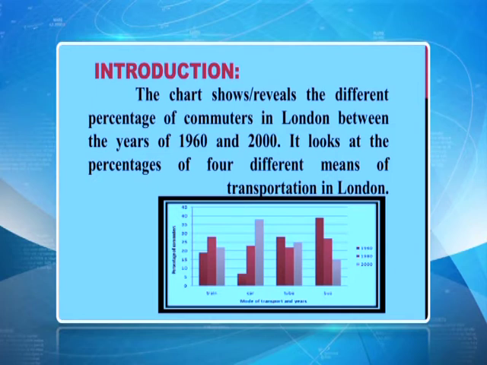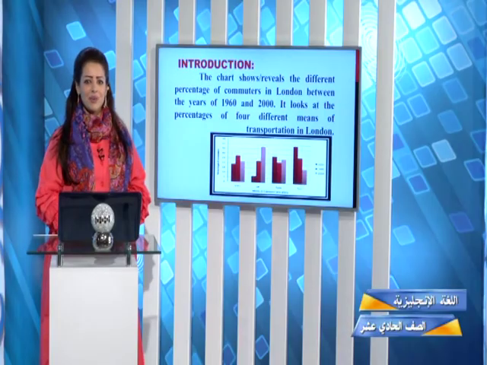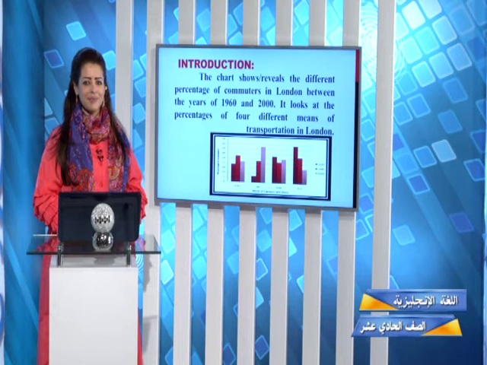You can mention them if you want. You can say they are train, cars, tubes, and buses. What is tubes? Do you know what the meaning of tube is? It's like the underground train. Of course, we don't have it in Kuwait, but in London, they use it. Now, we have finished the introduction.